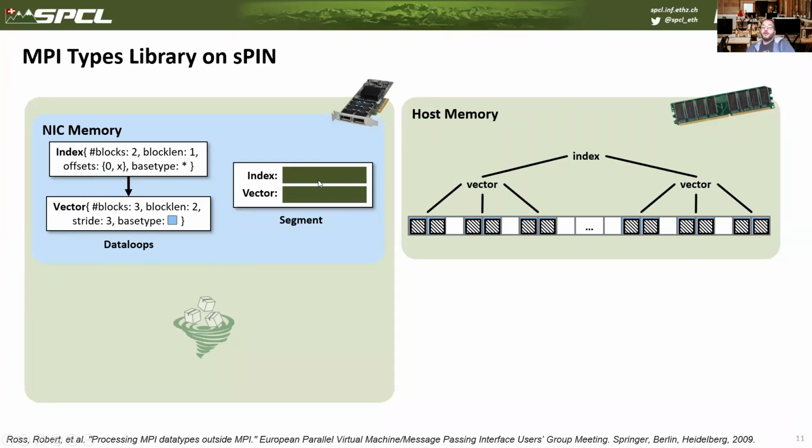This is important because it allows you to restart the processing of the data type from any point. So you can exit from the library and then resume the processing later. And again, this is good for us because we need to resume, right? For each packet that comes, we don't get the whole message, we get the single packets of the message.